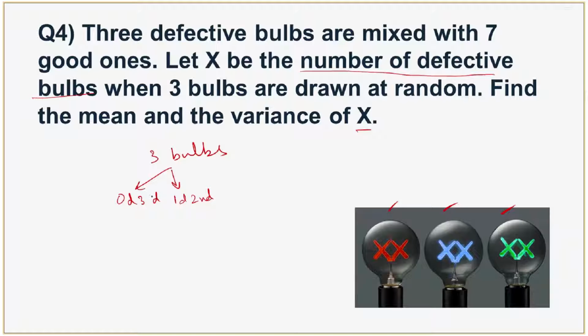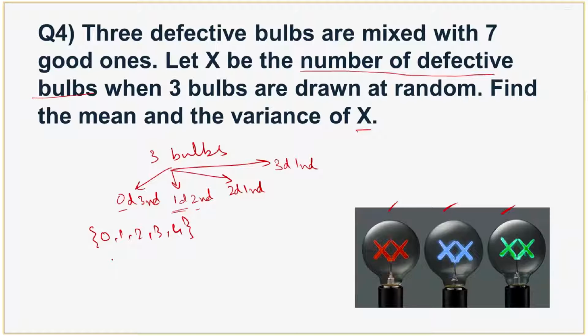In the second case, one of them could be defective and 2 non-defective. Likewise, 2 of them could be defective and 1 non-defective, or 3 could be defective. So the values for the random variable would be 0, 1, 2 and 3.